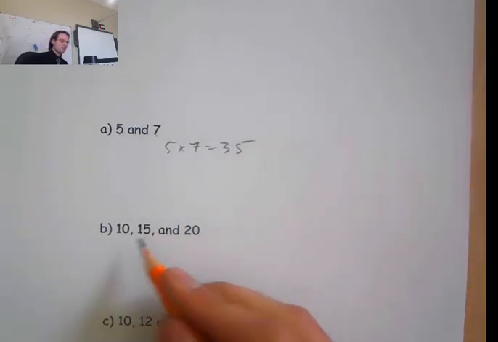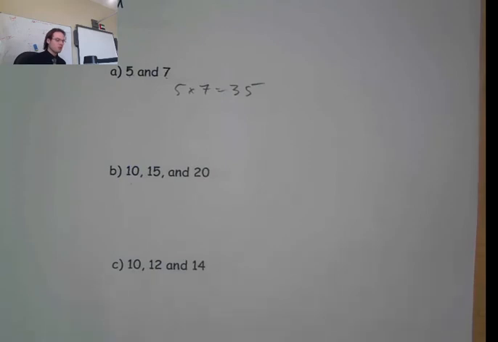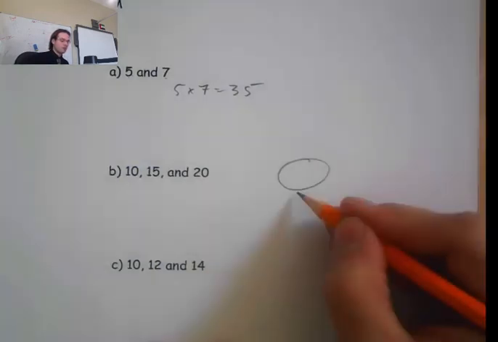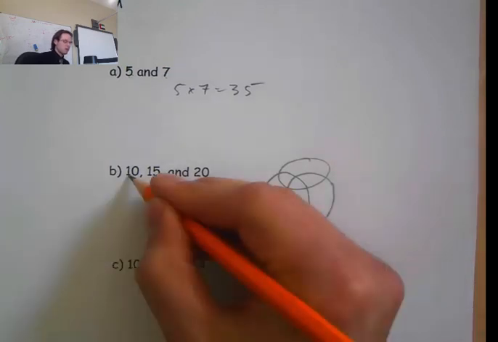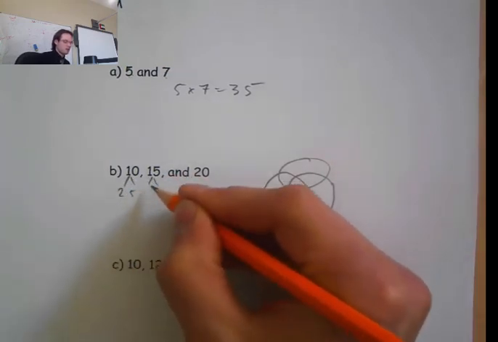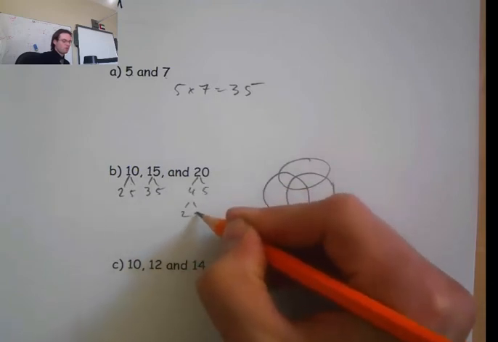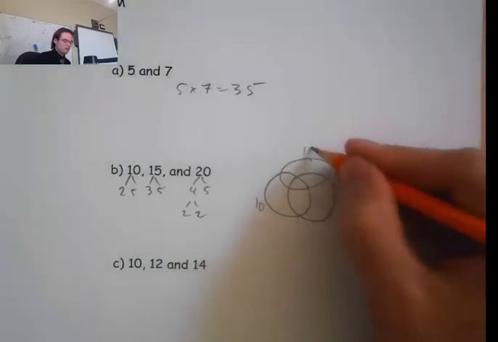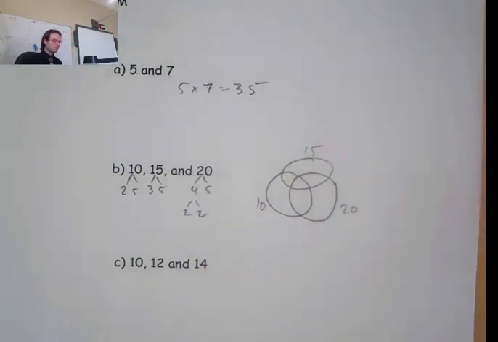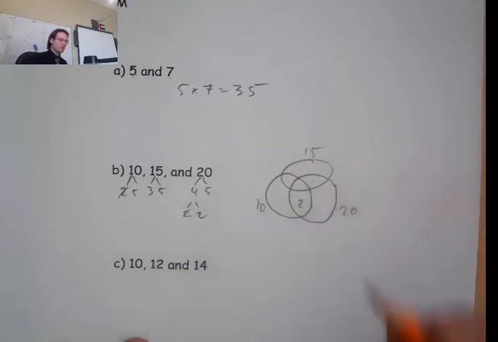Next one is 10, 15, and 20. Now this one here looks a bit more complicated, so I'm going to use a Venn diagram once again. We'll see how a Venn diagram works very nicely for this one. Okay, so we have here 2 and 5, 3 and 5, 4 and 5, 2 and 2. So let's see what is shared. This is 10, 15, 20. I have a 2 here. Well, 2 is only shared there, okay?